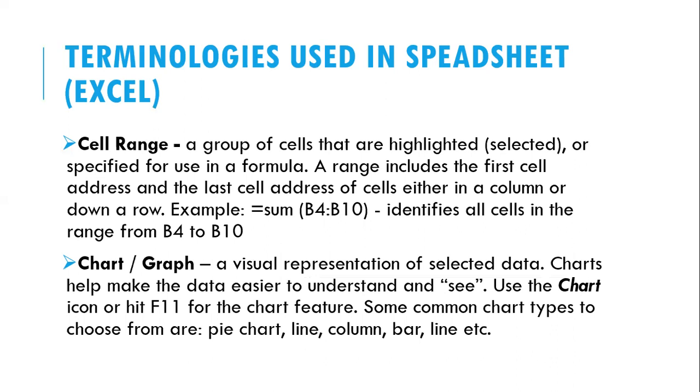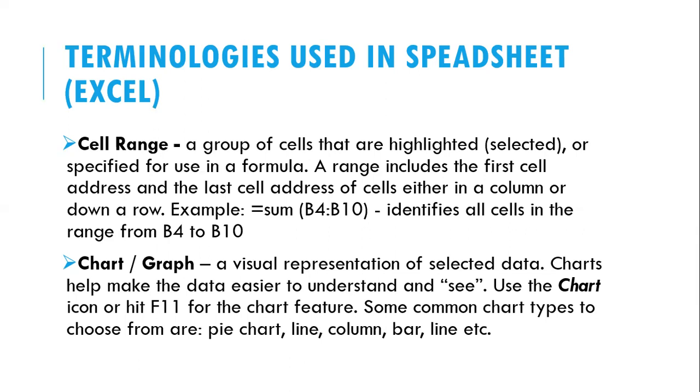A range includes the first cell address and the last cell address of the cells, either in a column or down a row. For example, if you are applying a formula of summation, it will be equal to sum, brackets, B1 to B10. So this identifies all cells in the range from B1 to B10.